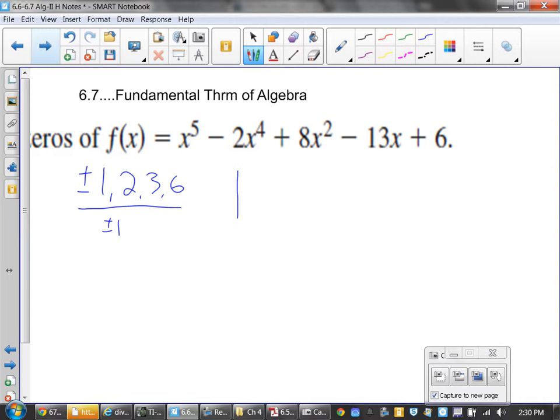I'm going to synthetically divide now, starting with 1. I'm doing the same exact process. Pull your coefficients. Do I have to be careful about this one? Why? Gotta add a 0, gotta get a placeholder. Good. So we have a 1, negative 2, 0, 8, negative 13, and 6.